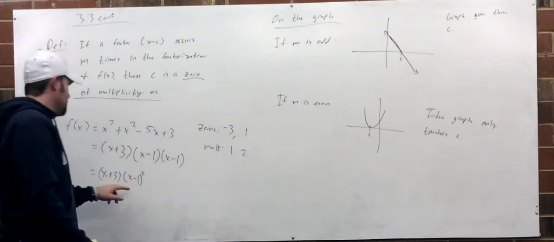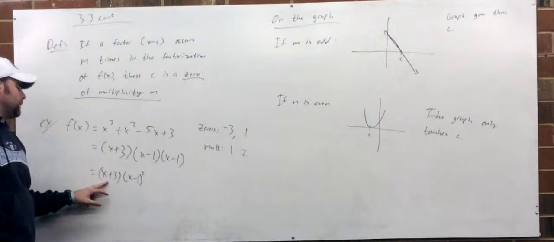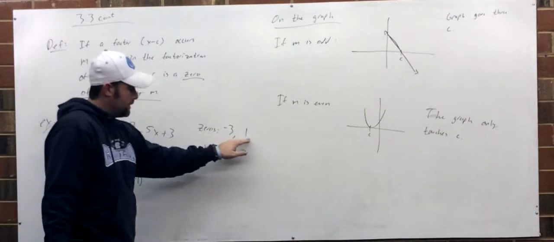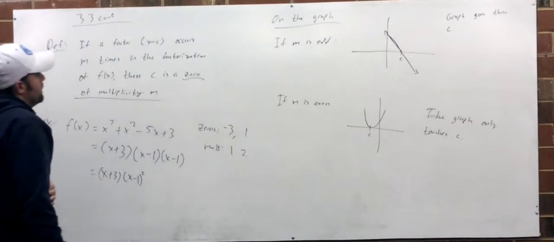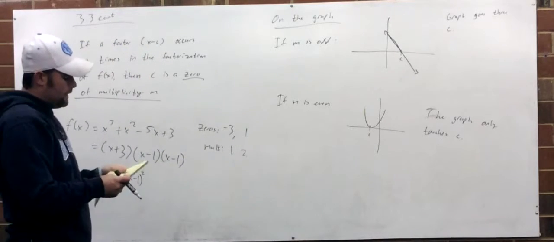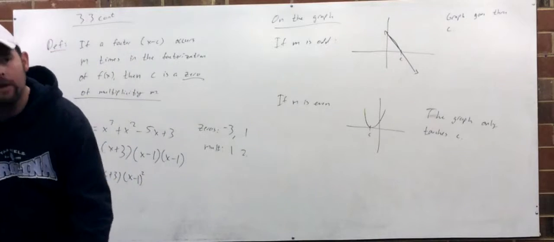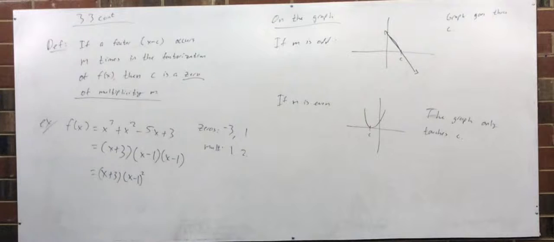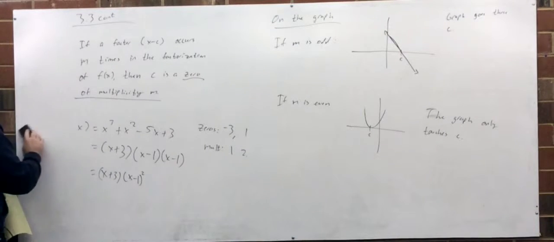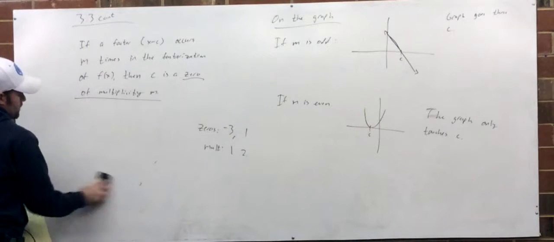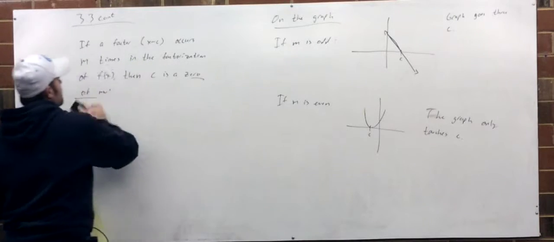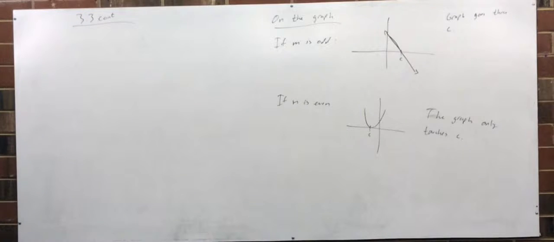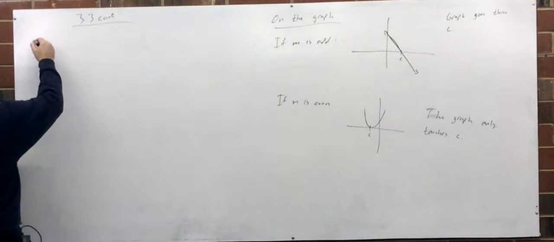So that's the difference. So here, if we were to put this on a graph, we would know it went through the point -3, but it only touched +1. So we'll look at an example of a graph next. Alright, but it's nothing too tricky there. It's another tool to help us graph things without actually having to plot a ton of points. So let's look at an example of how we would use this in practical terms.